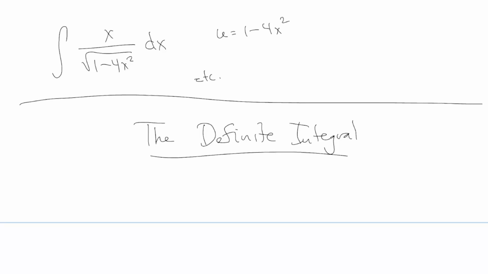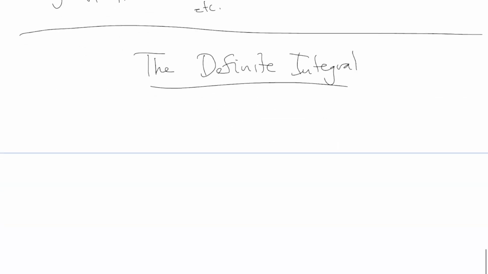It turns out there is actually a deep and non-obvious connection between the two things, but for today at least we're not gonna get to that. So the definite integral is all about the area under a curve.